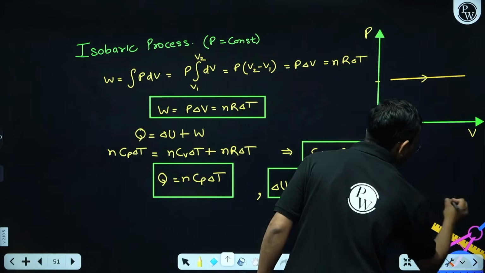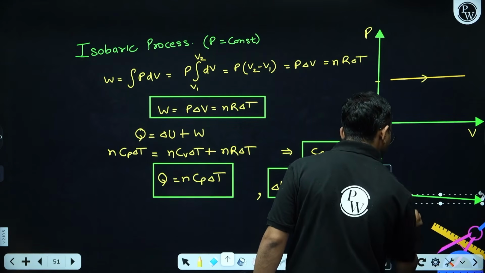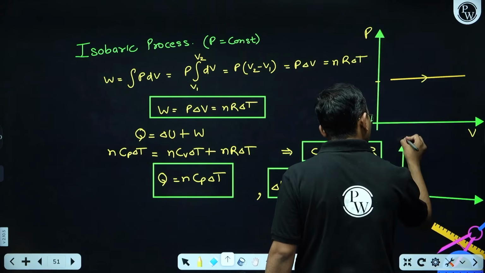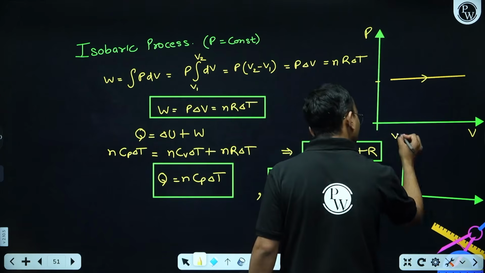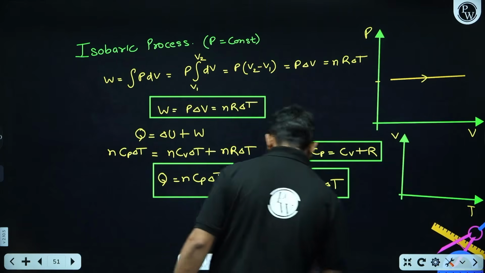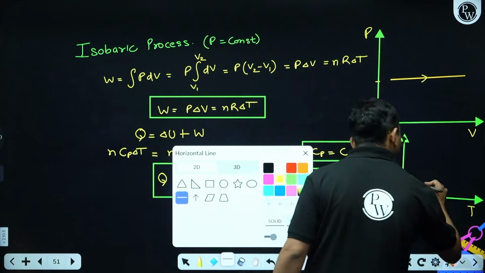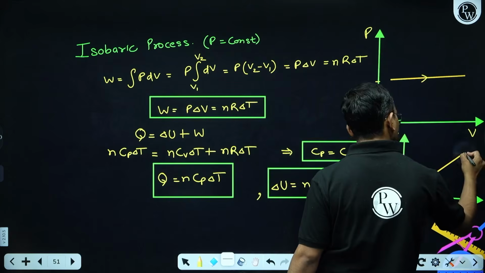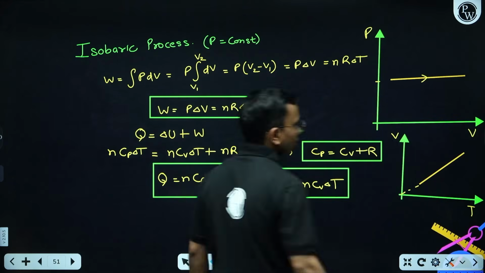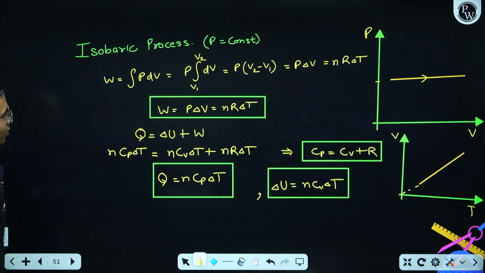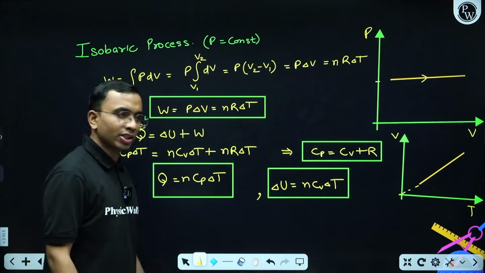Let us take V versus T. If pressure is constant, V by T is constant. If V by T is constant, it will be a straight line, somewhat like this, passing through the origin if you extend it. That's all about the isobaric process.